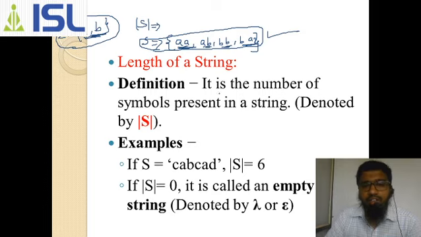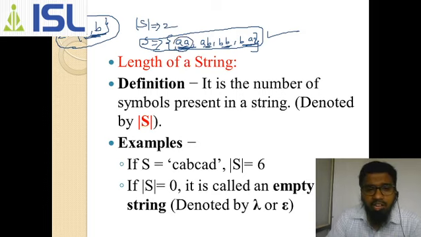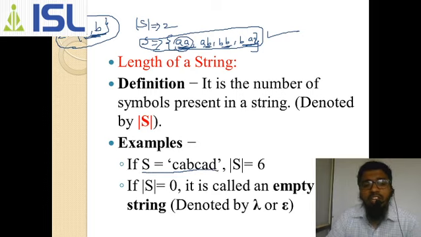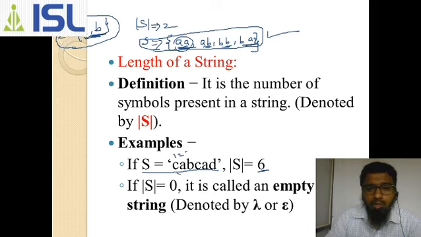Definition: this is denoted by |S|. Taking another example, S is equal to C A B C A D. What is the size of this string? It is 6: 1, 2, 3, 4, 5, 6.